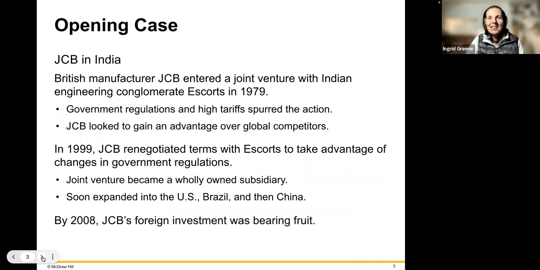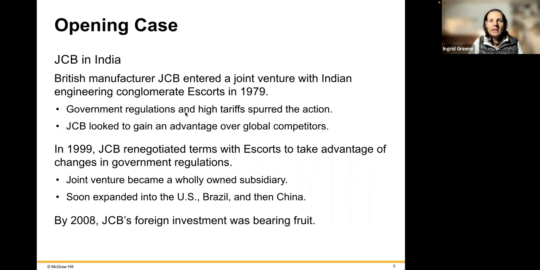So the opening case I love because it's a success story about JCB in India. They're a British manufacturer in the construction industry, and their strategy was to enter a joint venture with an Indian engineering conglomerate called Escorts in 1979. They had to do that because at the time, the Indian government required that all foreign direct investment had to have a venture with an Indian company.